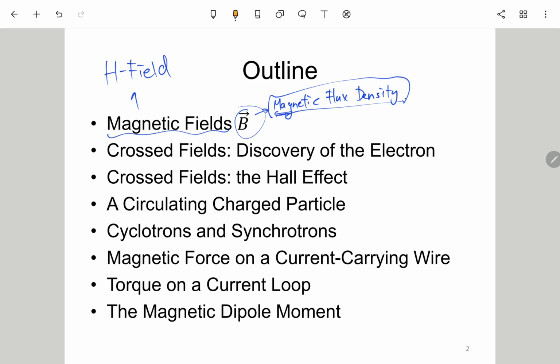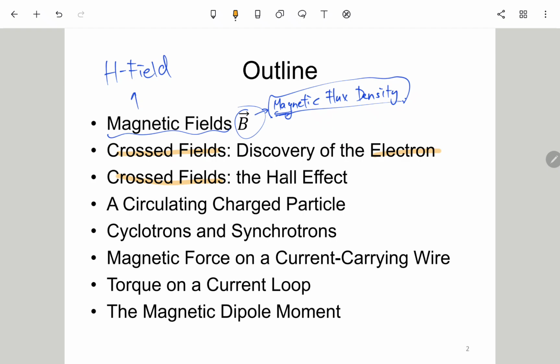The phenomenon will be like this: if we have something called a cross field, which means we have a B field and an E field perpendicular to each other, then in this case we can discover the electrons, which must be negative charge, not positive charge.